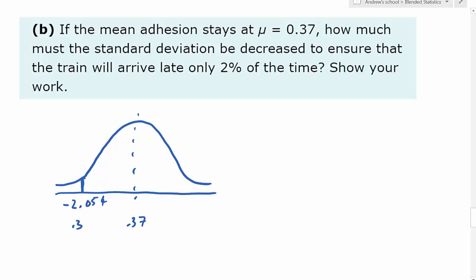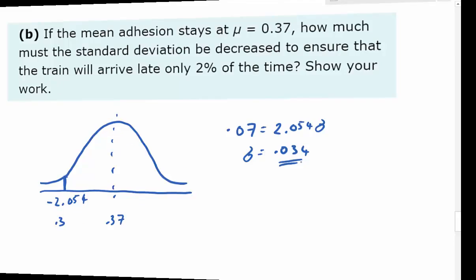We know that this is 0.3 and we know that the mean is 0.37, so this gap of 0.07 needs to correspond to 2.054 standard deviations. So 0.07 equals 2.054 standard deviations, and we just divide and we get that the standard deviation needs to be 0.034.